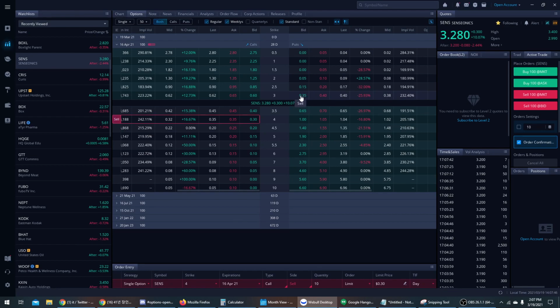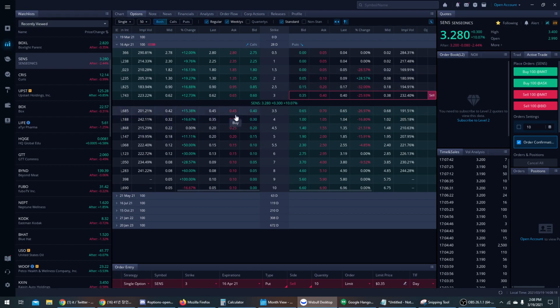If you don't mind being assigned the shares, which I don't, I would pick this one basically. I would pick the 3 strike or the 2.5 strike if I want cheaper calls, because when you sell a put, you are essentially going long on the stock. Okay, so that's the gist of it.